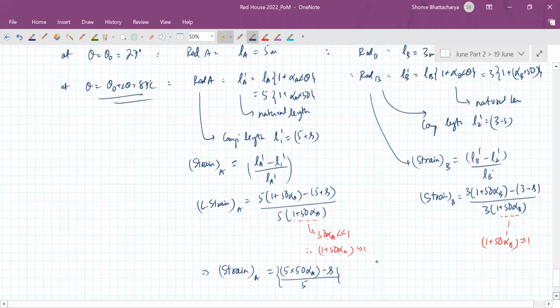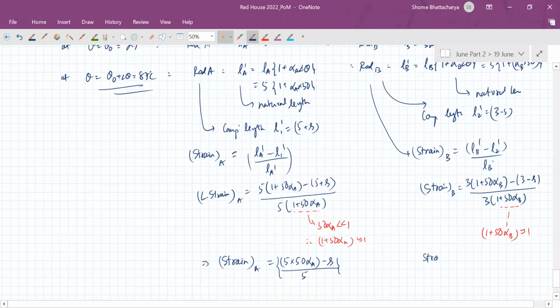Whereas the strain in B will become 3 into 50 alpha B plus s, upon 3. I mean, these will actually be like this: the original natural length into alpha A delta theta minus s, upon the natural length.